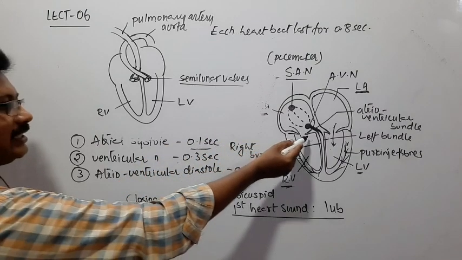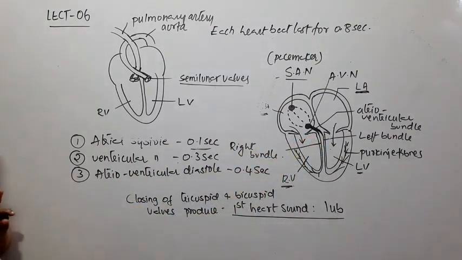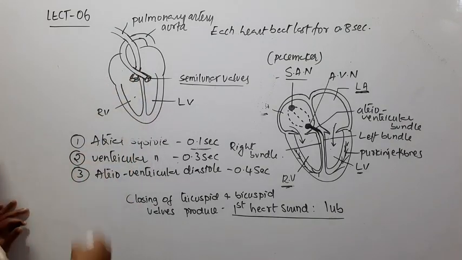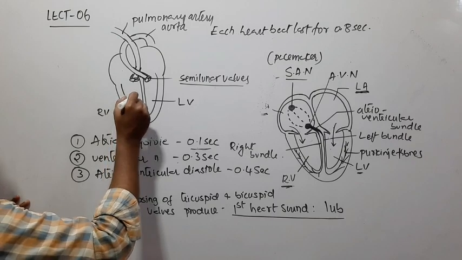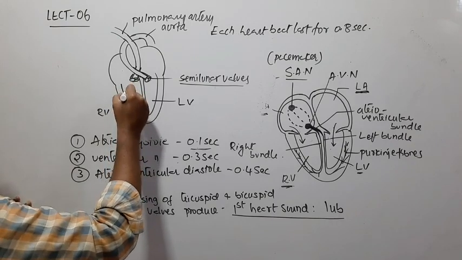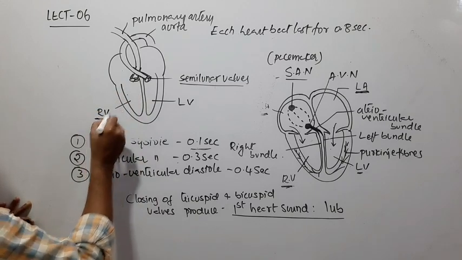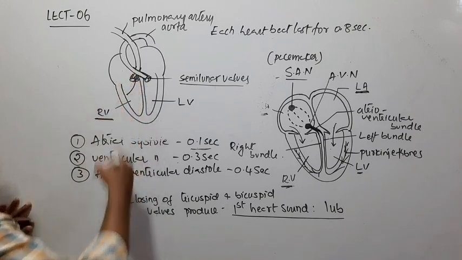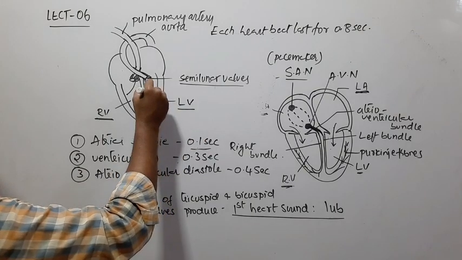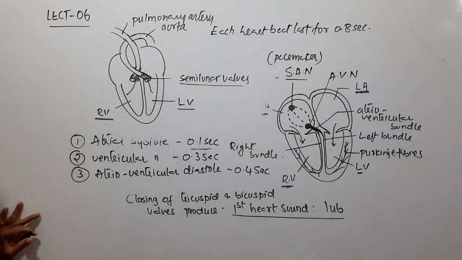And I told that the tricuspid and bicuspid valves will not allow the blood to flow back into the auricles, and the blood has no other way but to enter from the right ventricle into the pulmonary artery, and from the left ventricle the blood enters into the aorta.